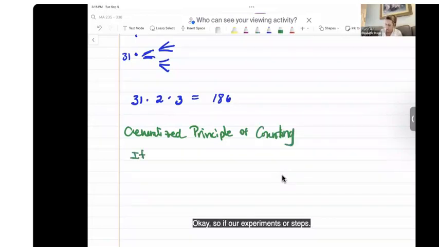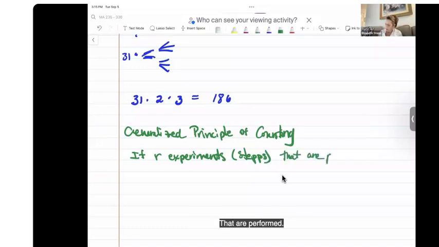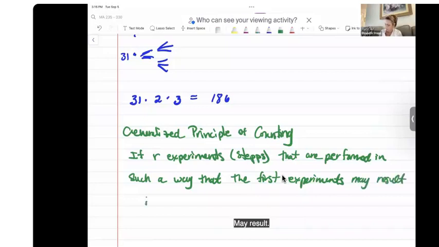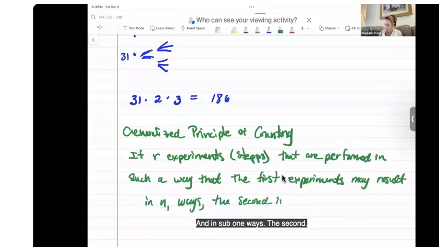Okay, so if our experiments or steps are performed in such a way that the first experiment step may result in n sub 1 ways, the second in n sub 2 ways, and so on.